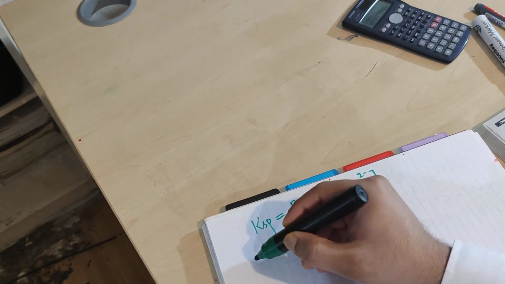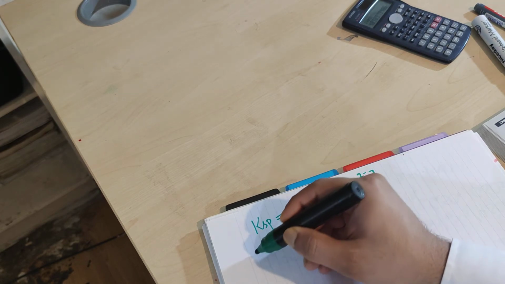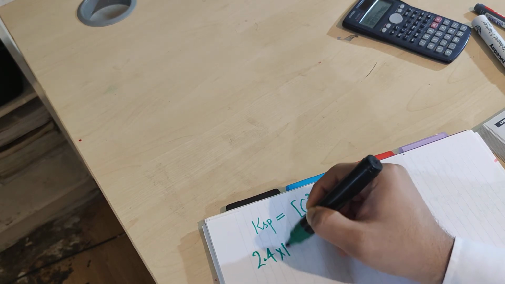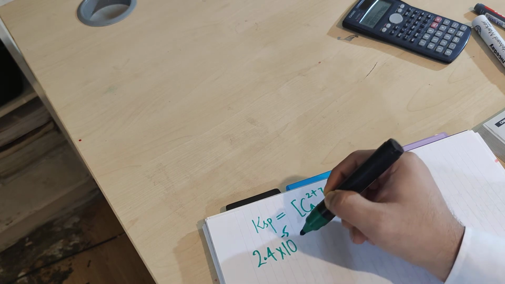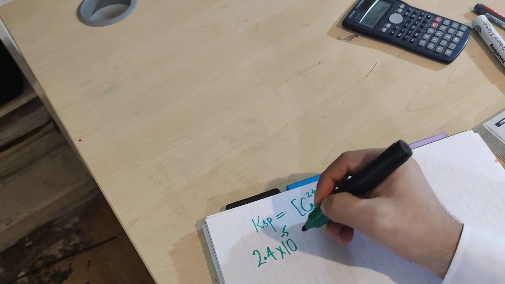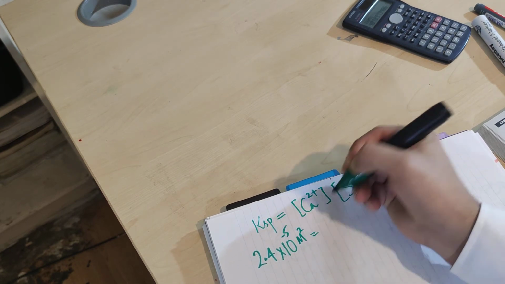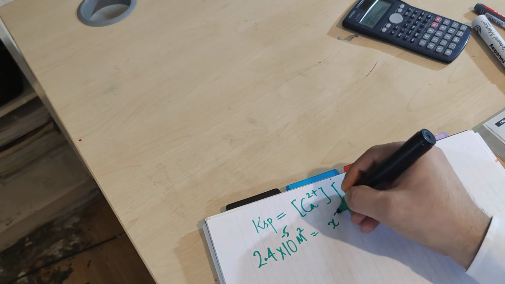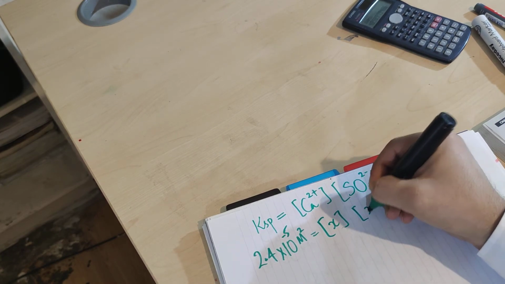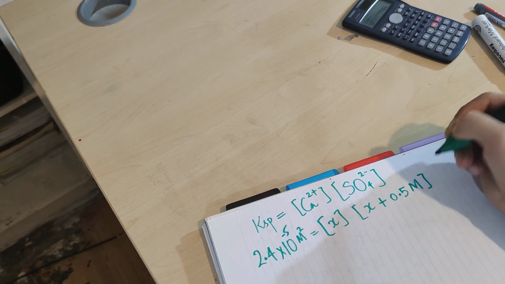And so if the solubility product was 2.5 times 10 to the power minus 5 molarity squared, this would be X, and this would be X plus 0.5.